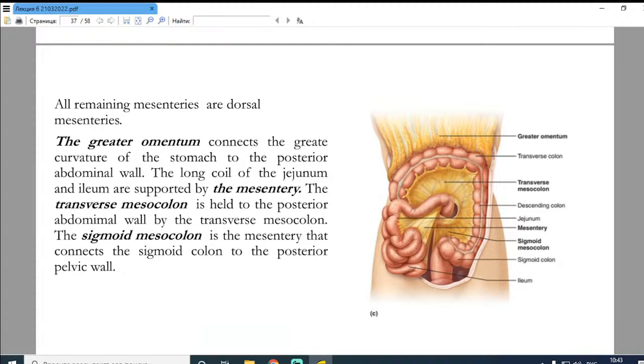All remaining mesenteries are dorsal mesenteries. The greater omentum connects the greater curvature of the stomach to the posterior abdominal wall. The loops of the jejunum and ileum are supported by mesentery. The transverse mesocolon is held to the posterior abdominal wall.